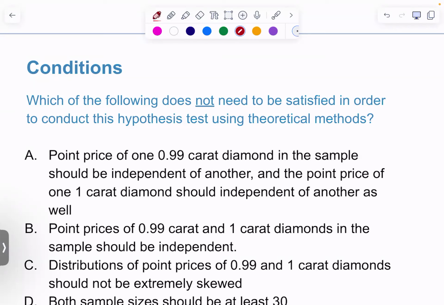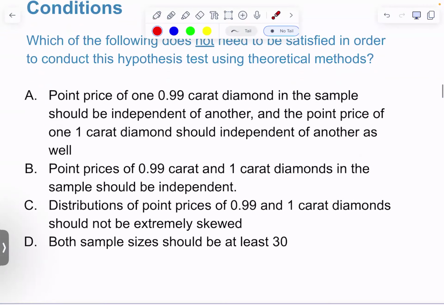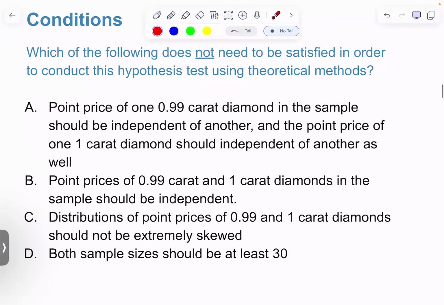Okay? So, which of the following does not need to be satisfied in order to conduct this hypothesis test using theoretical methods, which are the only ones that we have in this course? The point price of a 0.99 carat diamond in the sample should be independent of another, and the point price of a 1 carat diamond should be independent of another as well.